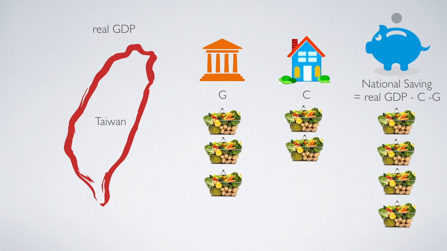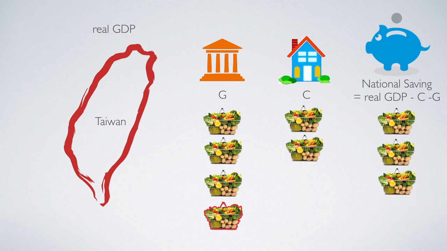Continue the analysis using the graph we had before. Before the change of government purchase, we already have 3 baskets consumed by government, 2 baskets consumed by household, and the remaining 4 baskets are saved and used for investment. And now if government decides to increase purchase by 1 basket, without any change, national saving has to drop by 1 basket since the government takes away 1 more basket to consume. And whether saving would drop so that investment has to drop depends on how consumption reacts.